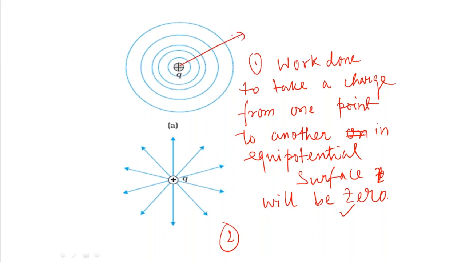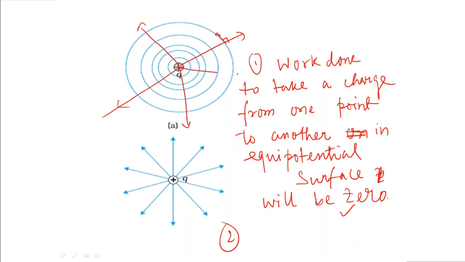This is 90 degrees, right? The direction along this particular surface will be tangent to it, and the radius vector will be perpendicular to that tangent. That means the electric field will always be perpendicular to the equipotential surface at every point.